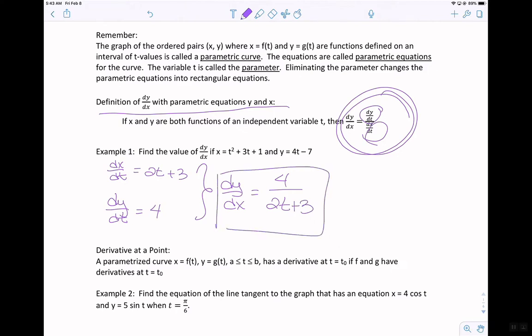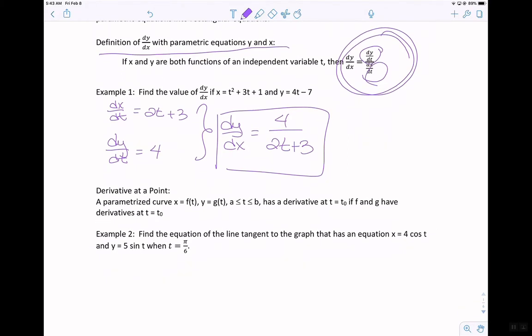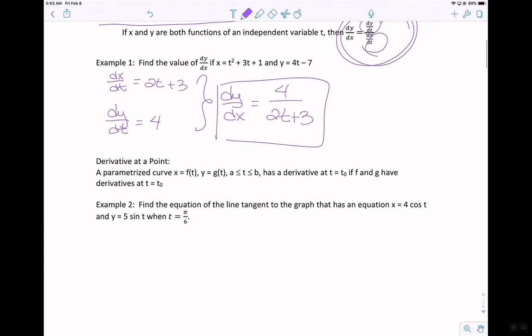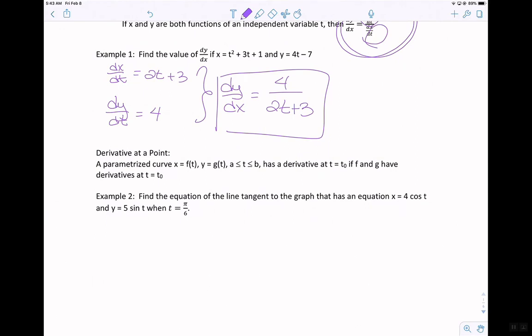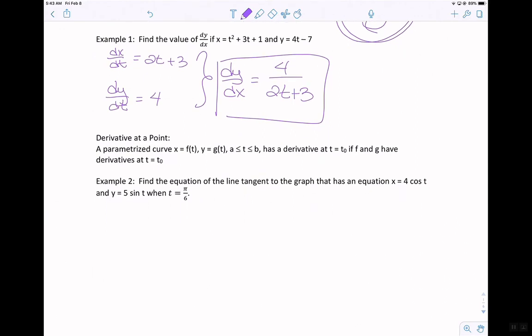Now I can do a derivative at a point too. So with this little definition here, I can plug in any value I want for t. So like example 2, if I want to write the equation of the tangent line at this particular point, I'm going to first find the slope of the tangent line, which means I need to find dy dx at pi over 6. So first, dx dt is equal to negative 4 sine t, and dy dt is equal to 5 cosine t.